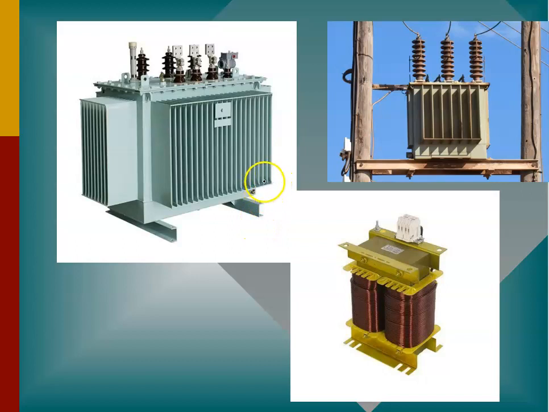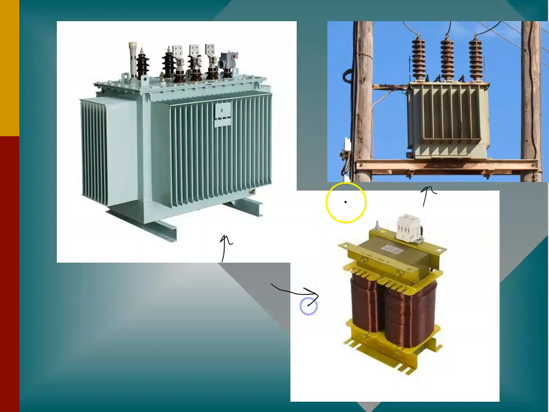Let's say I need to supply a maximum amount of voltage in an area, so I will use this particular instrument. Usually you will see a transformer with a casing just like this one or this one. But when we take out all the casing, it is supposed to look just like this.